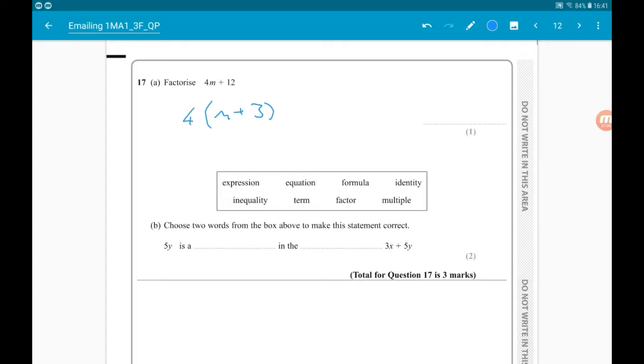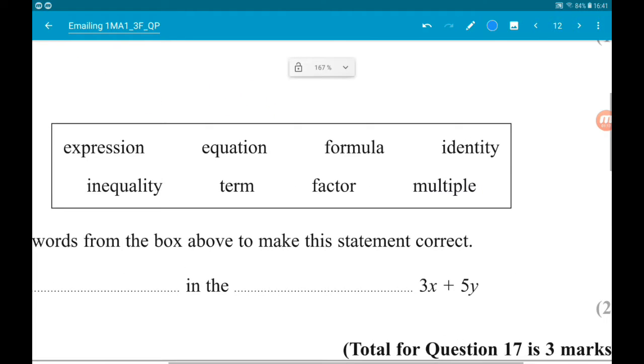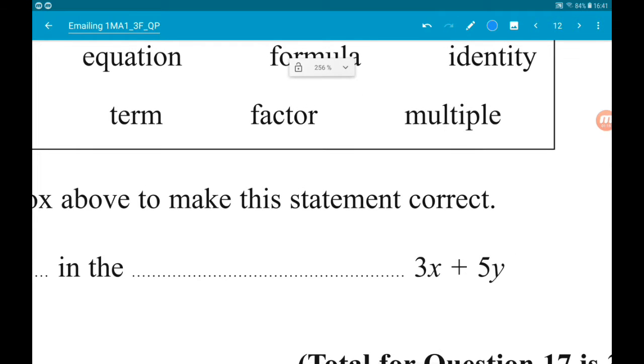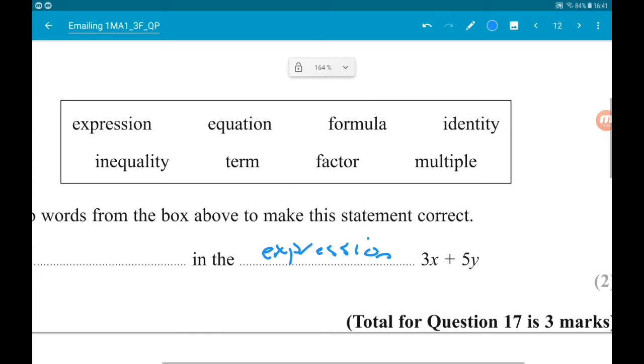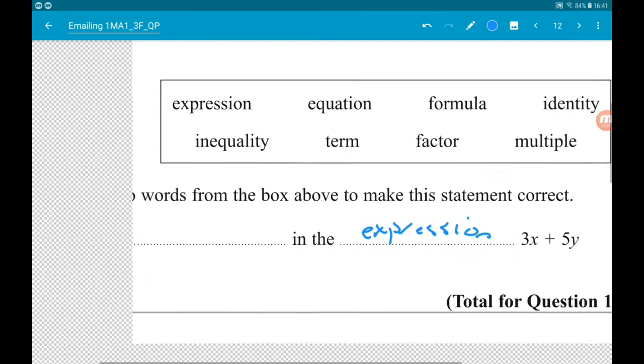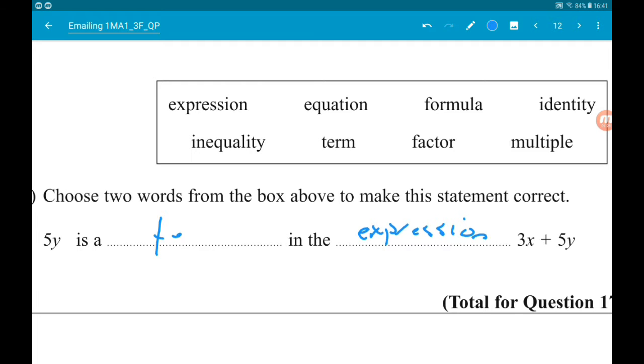We want that straight away. So 3x add 5y is an expression. So that's gonna go there. And then the first word we want is term. So 5y is a term in the expression 3x add 5y.